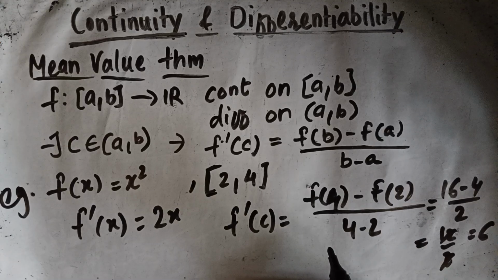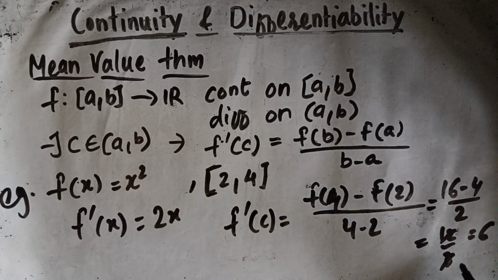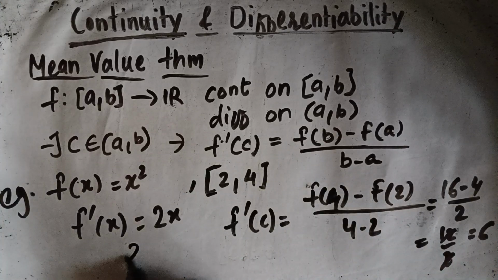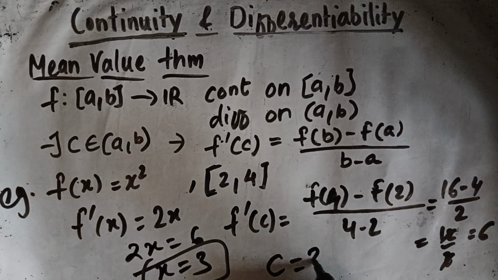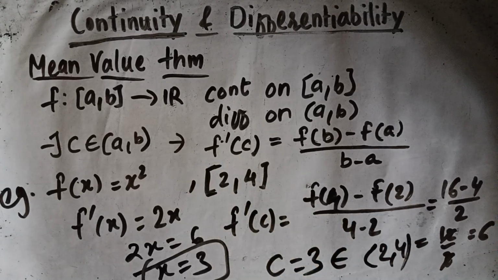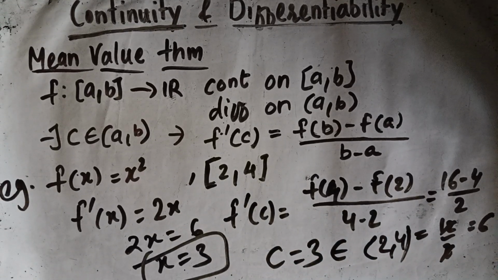So f dash of c is 6. So from this we can say that 2x is equal to 6. So x is equal to 3. So we have a point c which is 3 belonging to the interval (2, 4). This is mean value theorem.